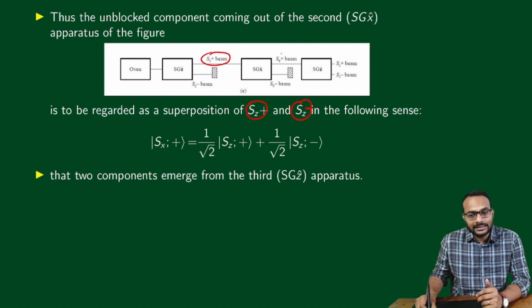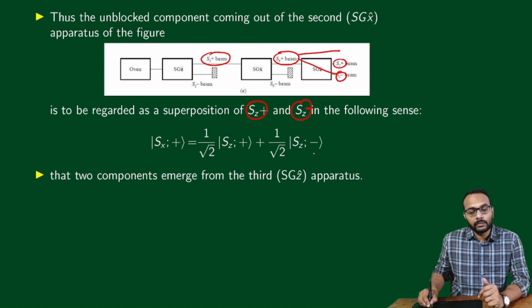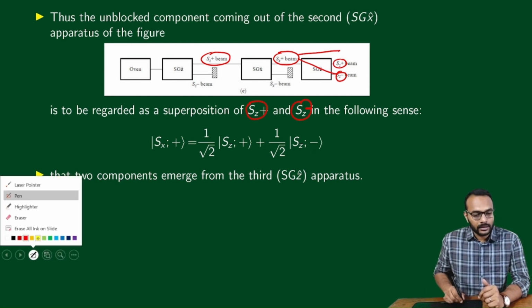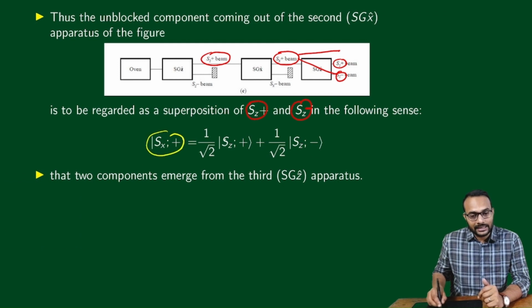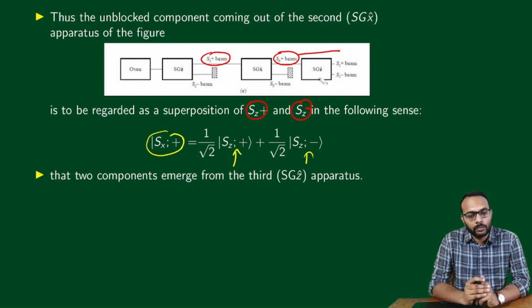Now this is an Sx plus beam, which has components along the Sz plus direction and the Sz minus direction. So maybe we can write it as a superposition: Sx plus equals 1 by root 2 Sz plus plus 1 by root 2 Sz minus. We see that Sx plus has components in the Sz plus and Sz minus directions. That is the reason why it picks up an extra Sz minus component.